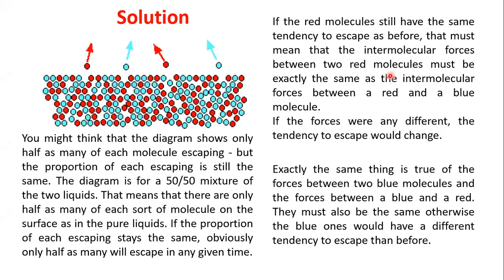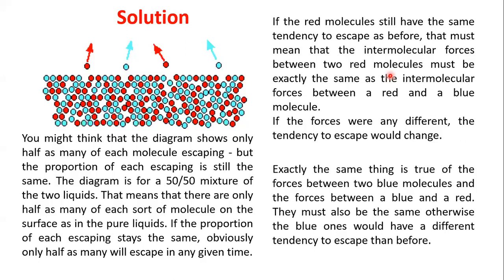You might think that the diagram shows only half as many of each molecule escaping, but the proportion of each escaping is still the same. The diagram is for a 50-50 mixture of the two liquids. I think that's one thing I forgot to mention. The same amounts of the liquids are mixed, so you have them in the same proportion.